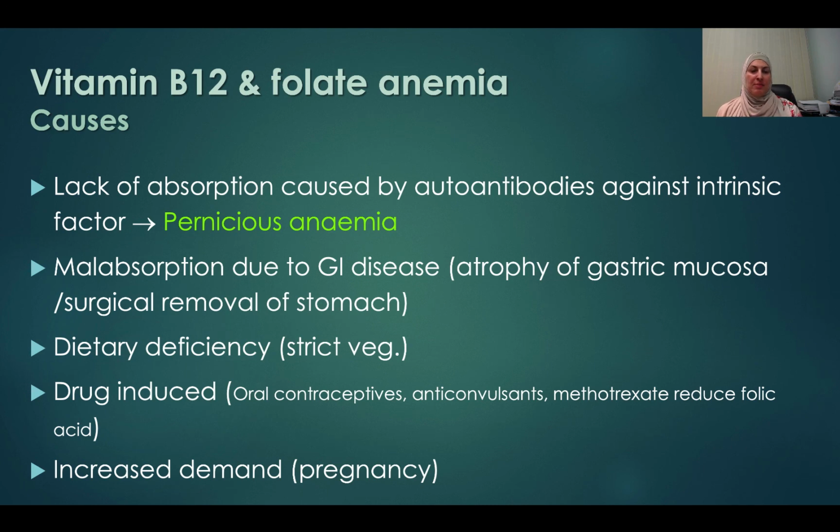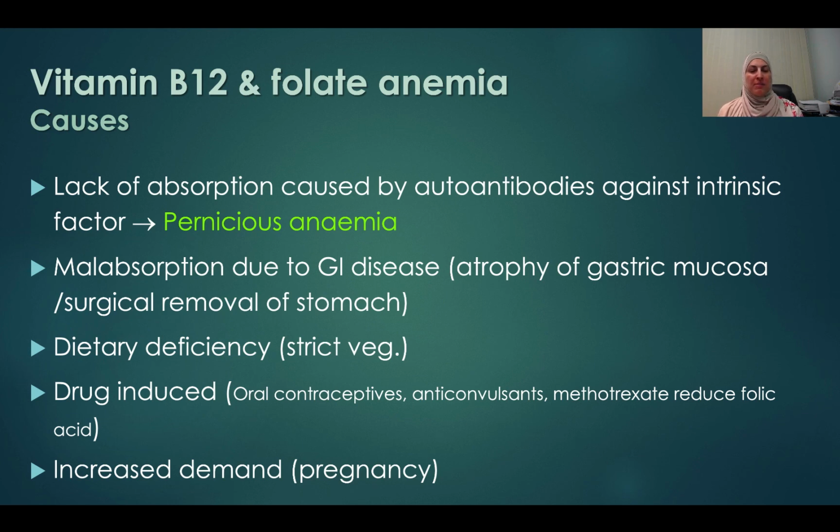Another cause is malabsorption due to GI disease, for example, presence of atrophy in the gastric mucosa, as in Crohn's or inflammatory bowel diseases, or it may be related to surgical removal of the stomach or part of the stomach. Dietary deficiency can be seen mainly in strict vegetarians. However, patients with a normal diet usually do not suffer from these types of deficiencies.